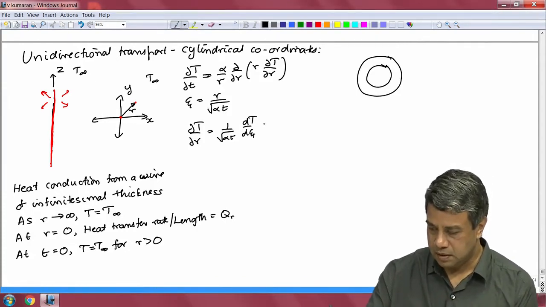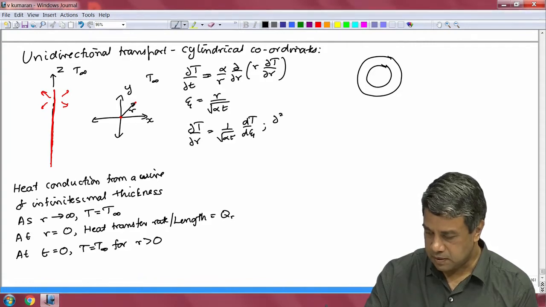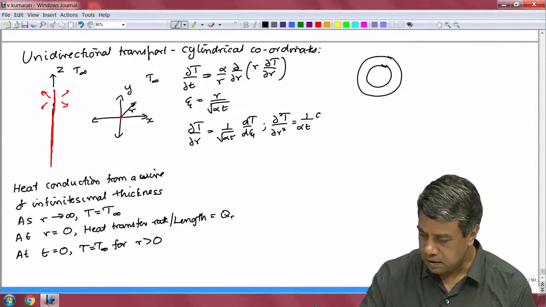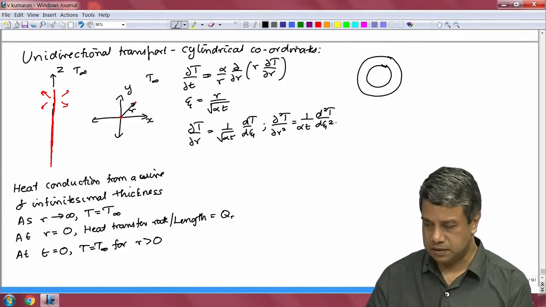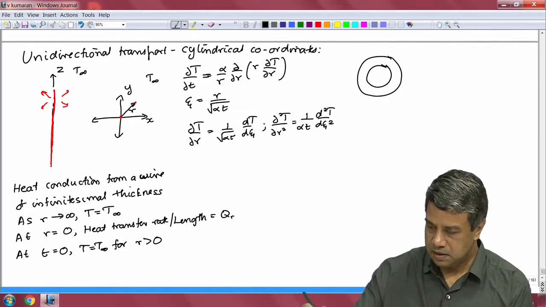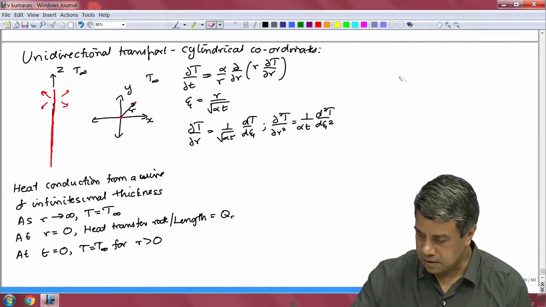Okay. And partial square T by partial r square is equal to 1 by alpha t d square T by d psi square. Okay. Using just chain rule for differentiation, I will expand this out.